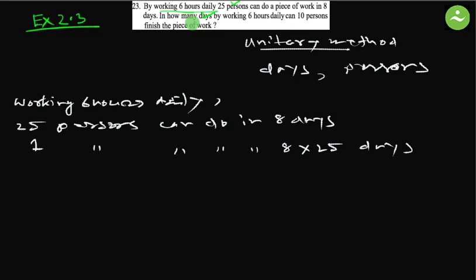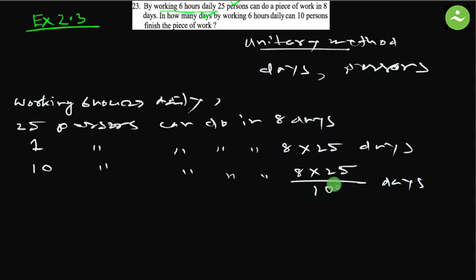Now the question says 10 persons. If 10 persons work, the number of days will decrease. Why? Because before it was 1 person, now 10 persons. So they need fewer days. 8 multiply 25 divided by 10 days.